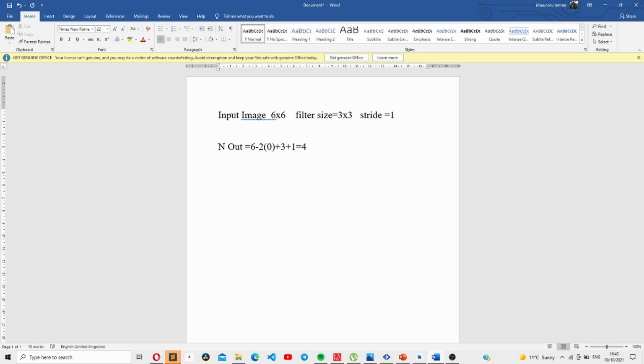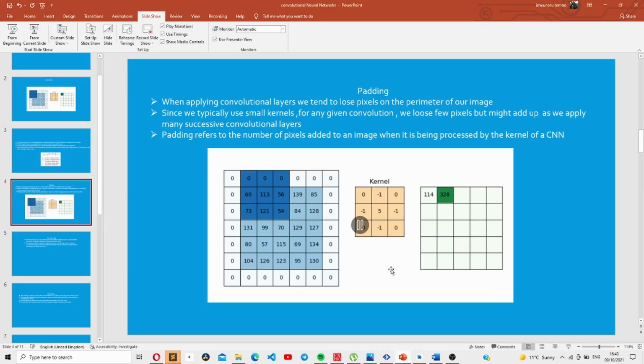We'll get a 4 by 4 matrix, right? So you see that when you convolve a 6 by 6 matrix by a 3 by 3 matrix, we get a 4 by 4 matrix. That simply means that we have lost some pixels. If we convolve again, you'll see that our image is becoming smaller and smaller and smaller, right? So now we go back to our issue.